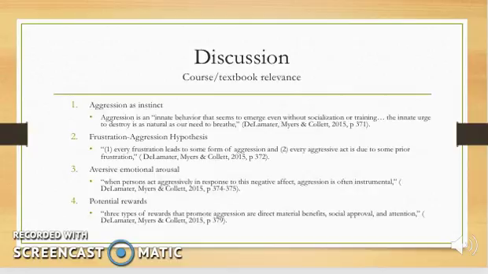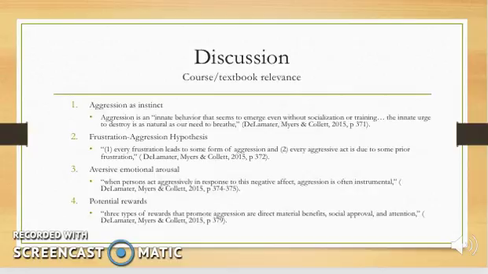So this explains that when people behave aggressively, it's usually in response to a negative effect or feeling. And when they act aggressively, it's more often instrumental. It's their defense.